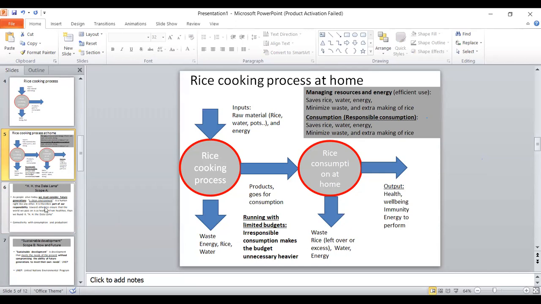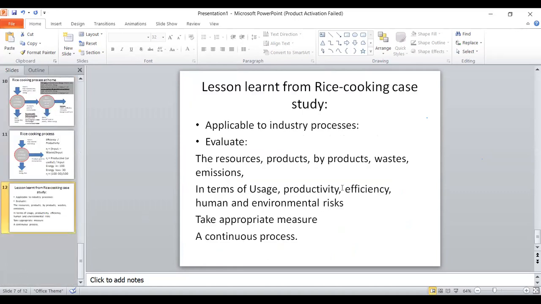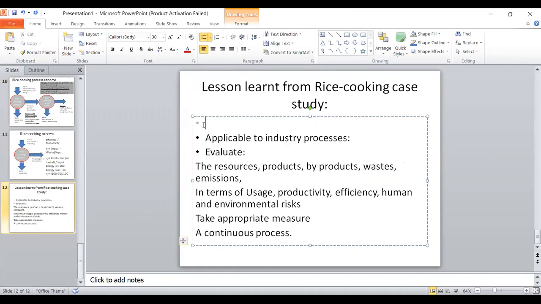The responsible consumption. So that is one more thing you came to know about this. Okay, lessons learned. One is the responsible consumption.